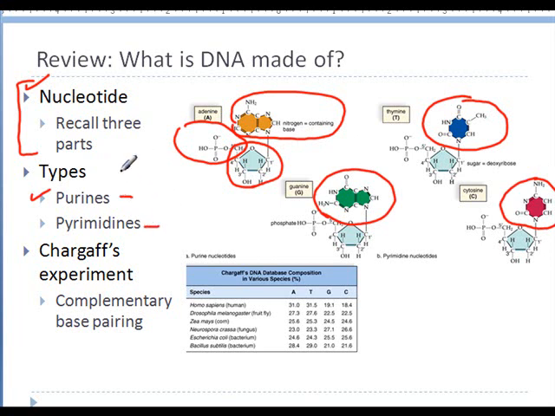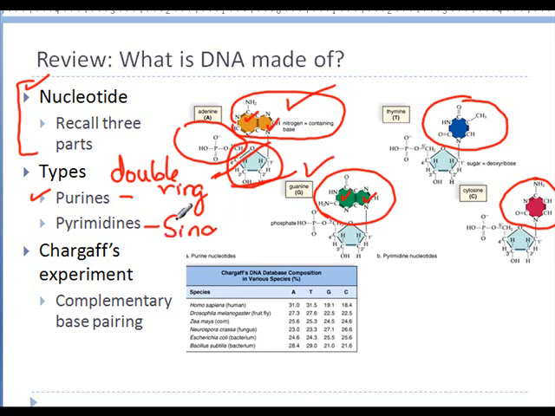The purine is the double ring. So the bases that appear to be double ring, for example this one, we have 1 ring here, a second ring here. These 2 are your purine bases. On the other hand, pyrimidine bases are the single ring, and these are thymine and cytosine.